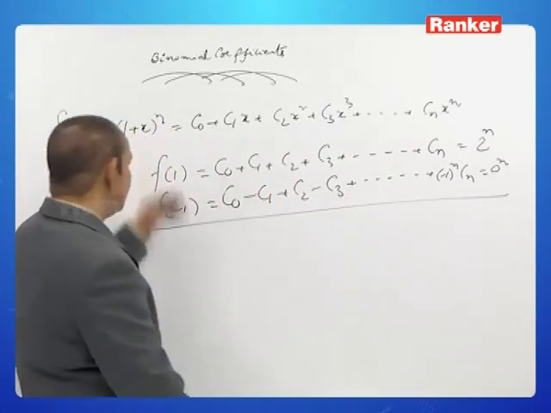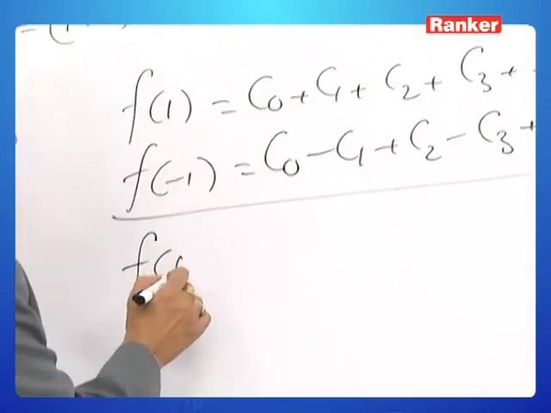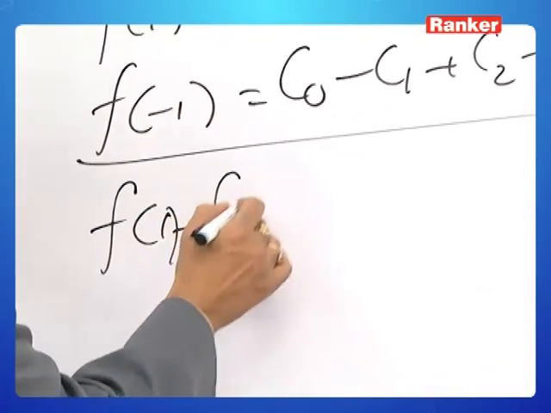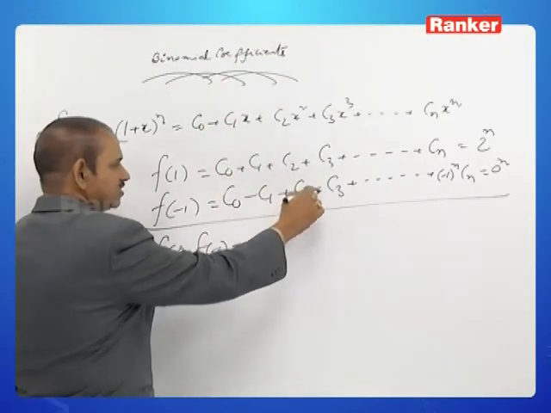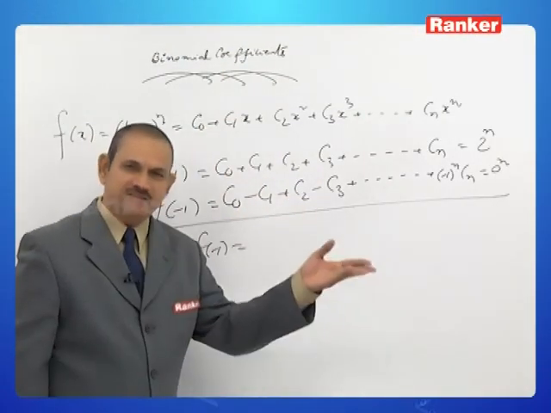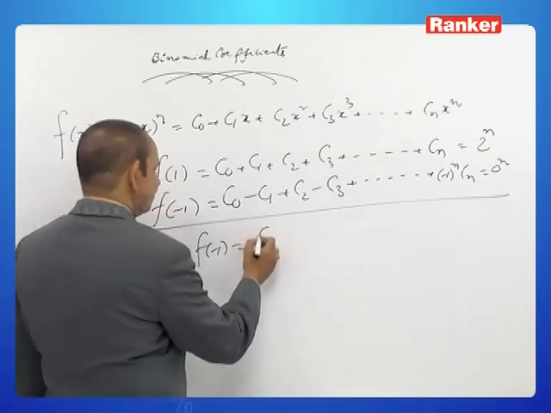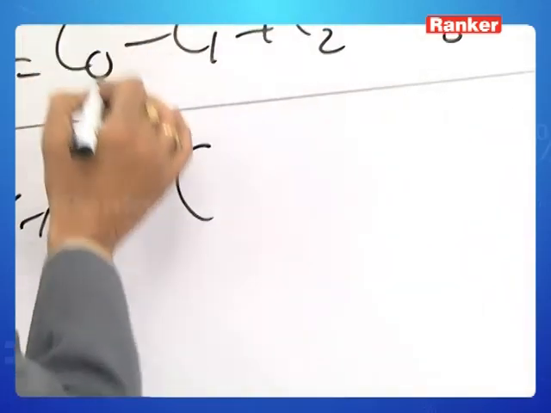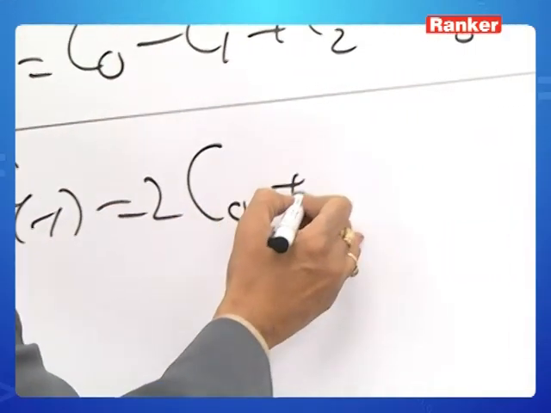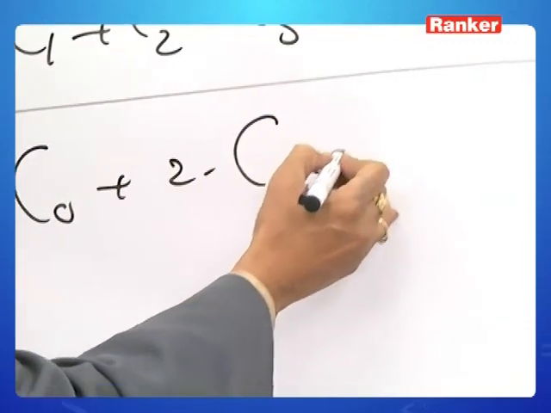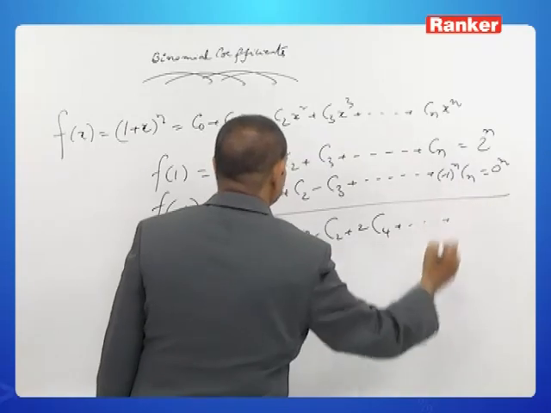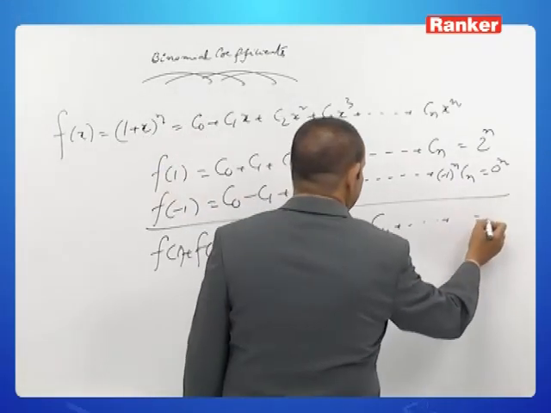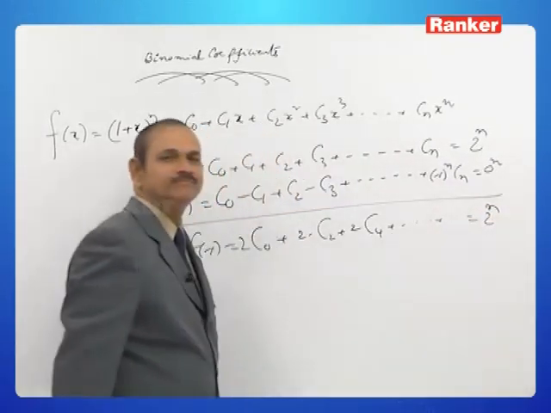From this, if you add these two, what happens? f of 1 plus f of minus 1: C1 and C1 will be cancelled, C3 and C3 will be cancelled, C5 and C5 will be cancelled, and as a result you will have 2 into C0, 2 into C2, 2 into C4 and so on, which is nothing but 2 to the power n.